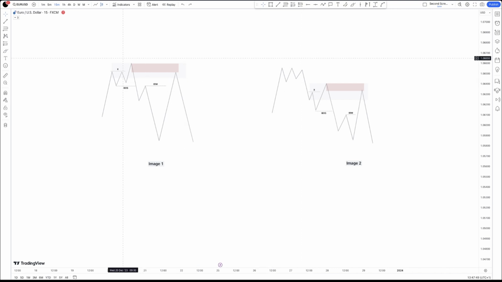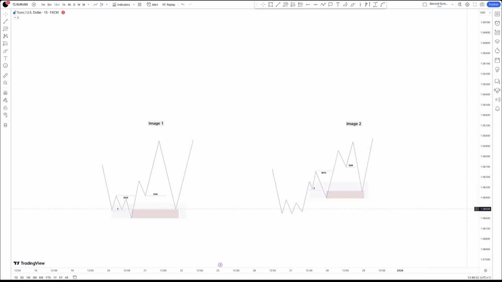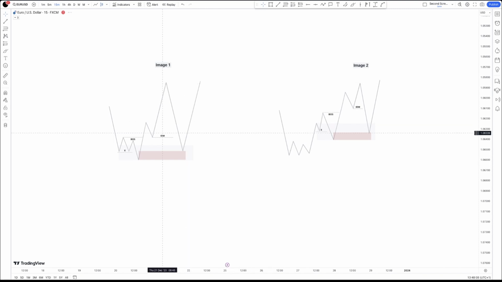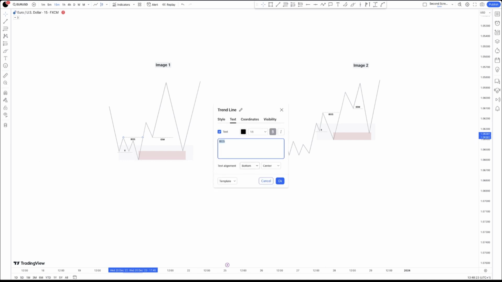Now this is a diagram scenario of how the concept works, and if you want I can turn it upside down. The same thing in the sell scenario. You can see this is your inducement set. Now this is your BOS. Same thing here.